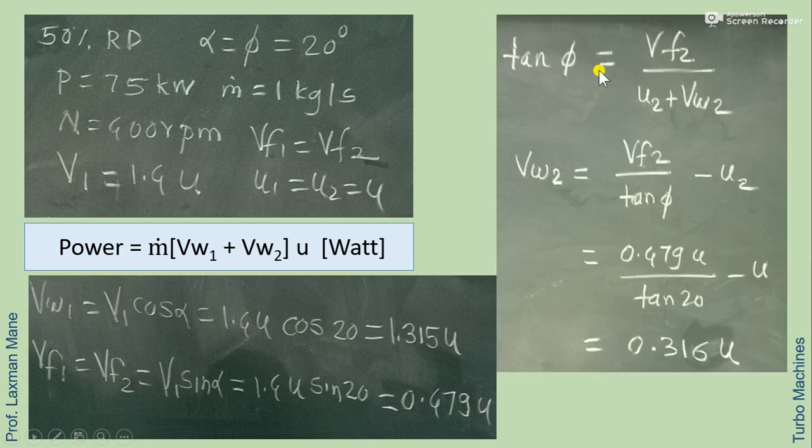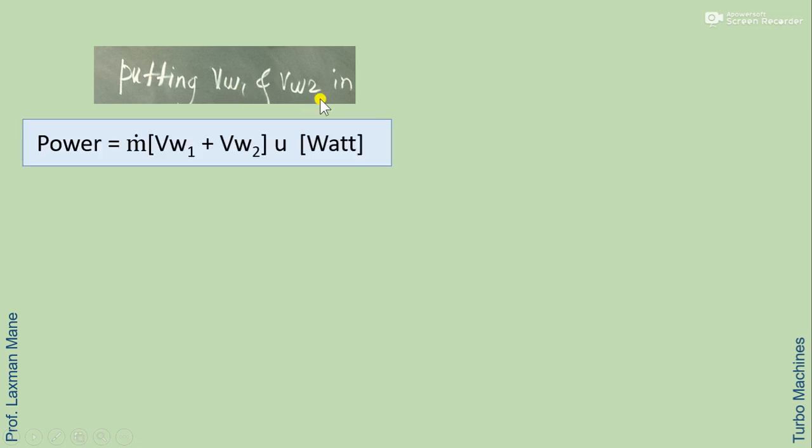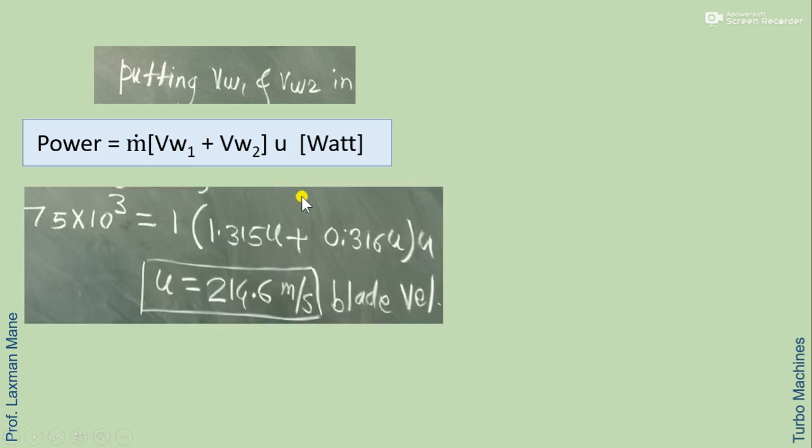After that, using tan phi relation, here we get equation for VW2 also in terms of U. Now putting the expressions in terms of U of VW1 and VW2 in the power equation. So on the left side power as 75 kilowatt is given. Here we convert that into watt by multiplying it by 1000.